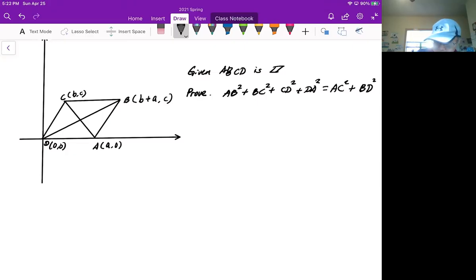So if it's a horizontal line, that means the Y value must be the same. Okay, the X value must differ by A, right? So that's how they can get the parallelogram. So you set up the XY system in this way, and then you just check the distance formula. Just check that, and you can get it.